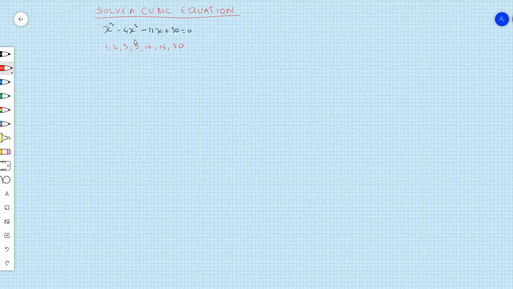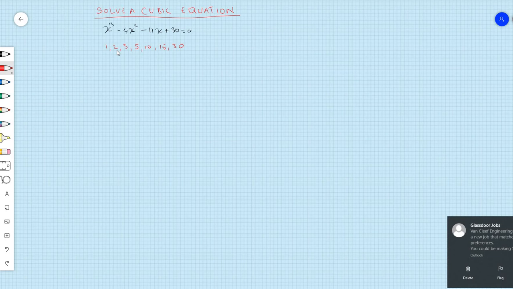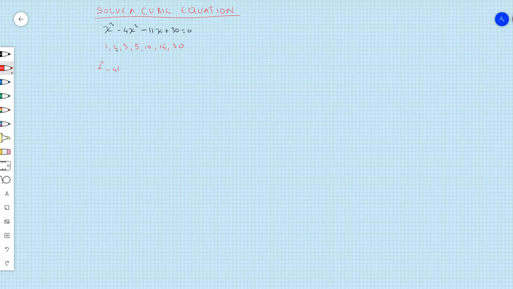So let's go ahead and do that. First, we want to start with 2. We can do 1, but I just have a good idea about 2, so we'll use 2. If we plug in 2 here, we'll have 2 cubed minus 4 times 2 squared minus 11 times 2 plus 30, and that equals what?